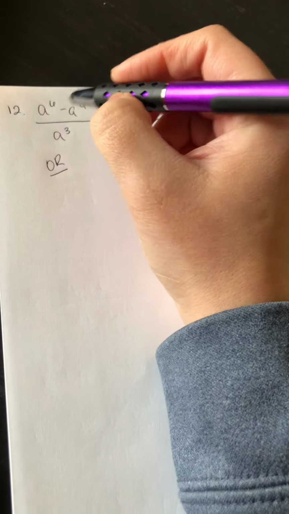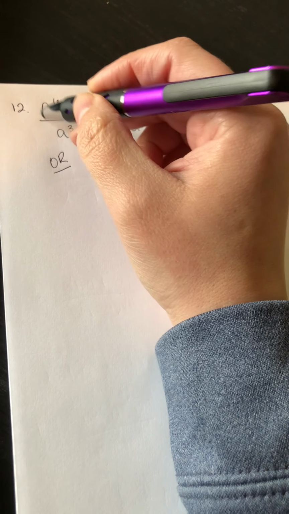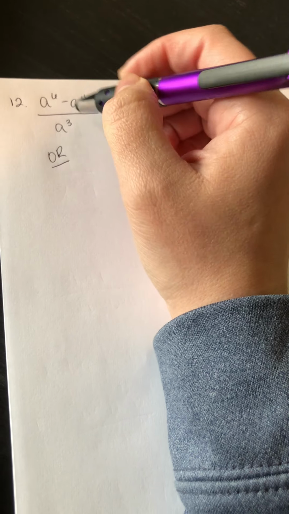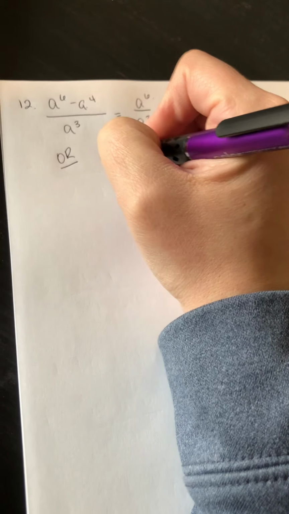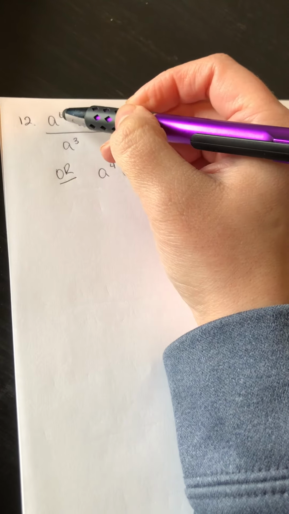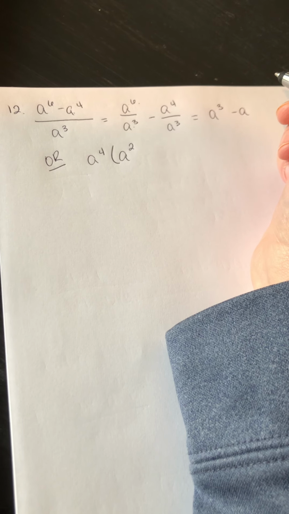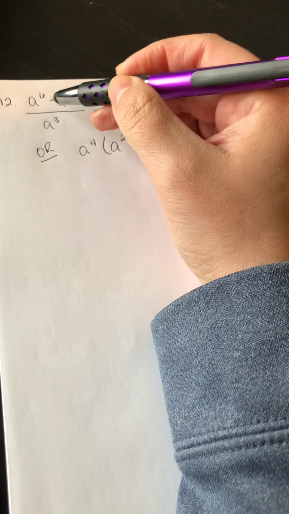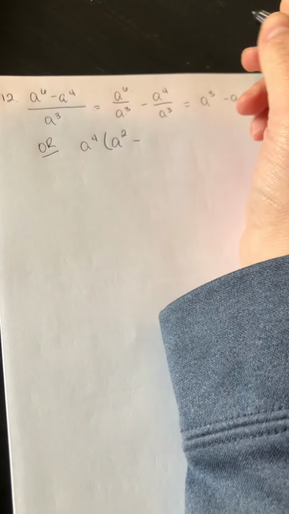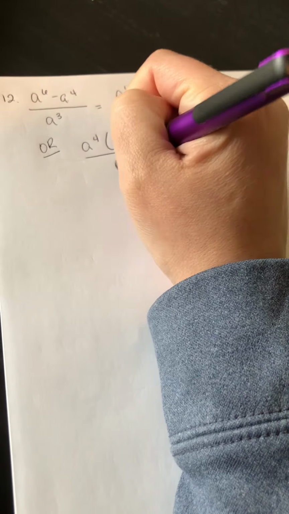The other way to do it, which I didn't write down on the notes that are posted, but I'll show you here, is you can factor this. If you factor out the greatest common factor, a to the fourth, that leaves me with 6 minus 4 is 2. Because I've taken out a to the fourth, and then minus, I've taken out a to the fourth, so minus 1, all over a cubed.